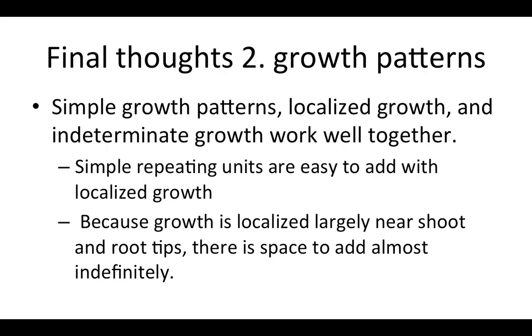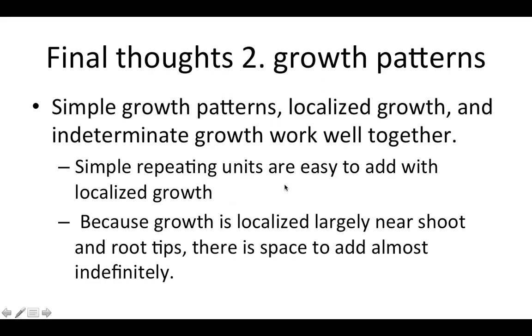With regard to growth patterns, we talked about simple growth patterns, localized growth, and indeterminate growth as applying to many instances with plants. These three things all work well together. So simple repeating units are easy to add with localized growth.